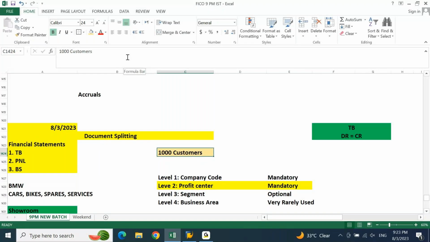In short, for a subledger, the profit center field is not editable. Whatever entry you post, you cannot make the profit center field editable for customer or vendor. The profit center is always derived based on the document splitting functionality.